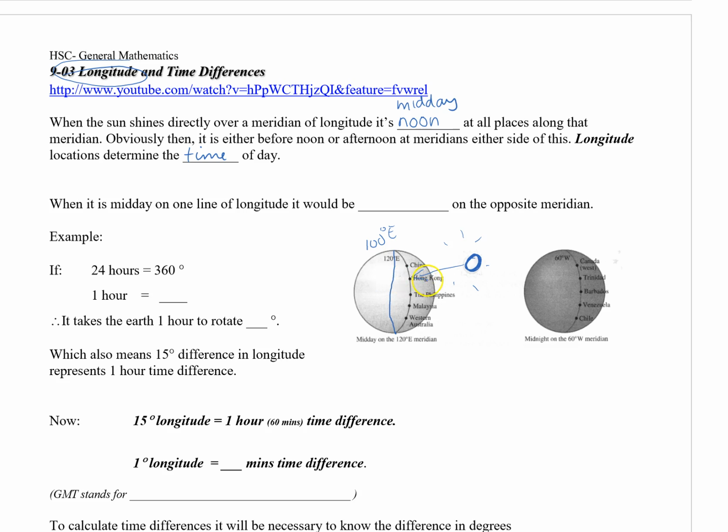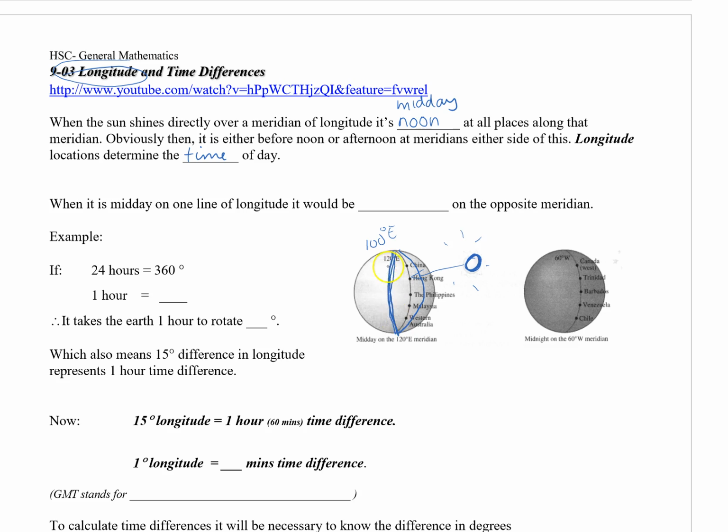The sun is still in the east before midday. Whereas over here at something past 120, maybe 150, like Australia's at 150, if it's noon along this meridian, it's later in the afternoon for us. The sun's already past our meridian of longitude.